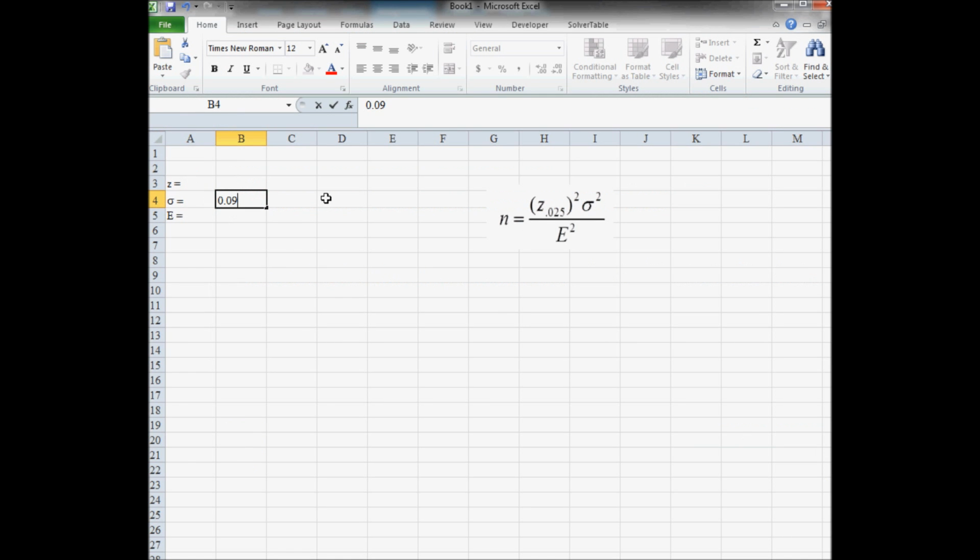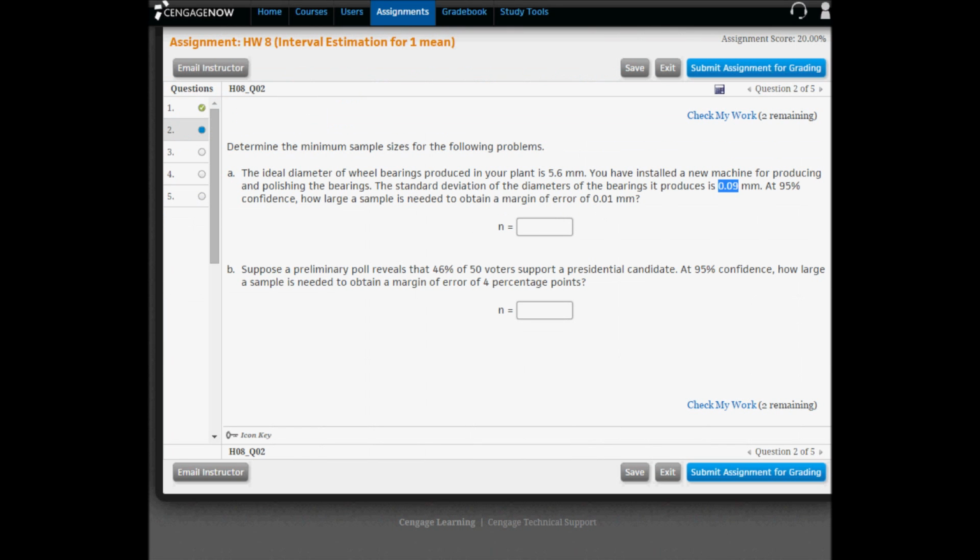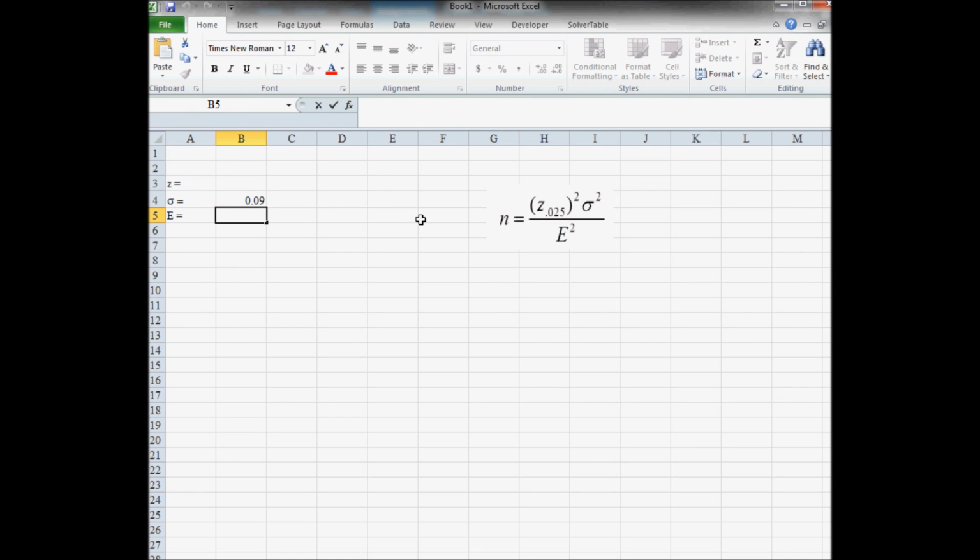I'm going to paste that right here. The desired margin of error is 0.01 millimeters, so I've pasted that value into cell B5.